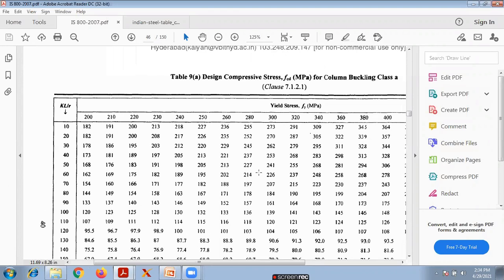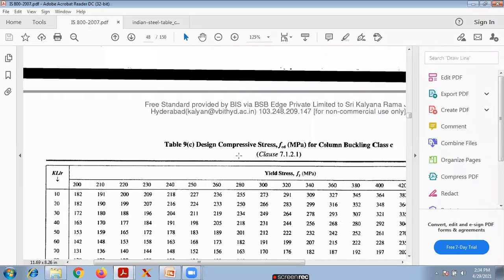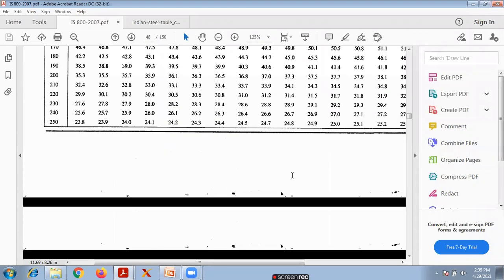So here please go through this one. For class C, we have the KL by R value. So the yield stress is the fy value. So from this we have to calculate.